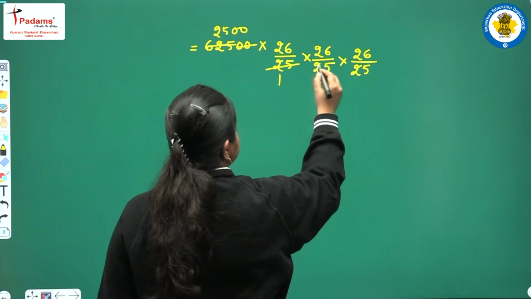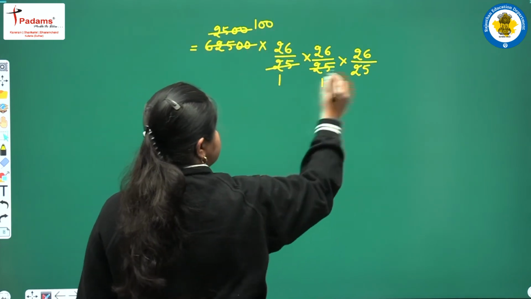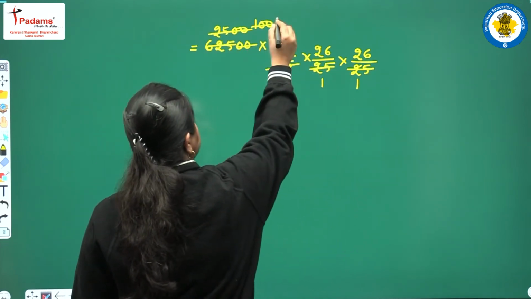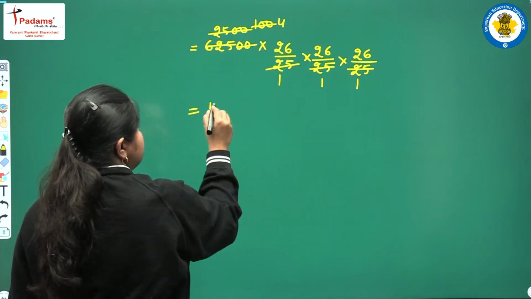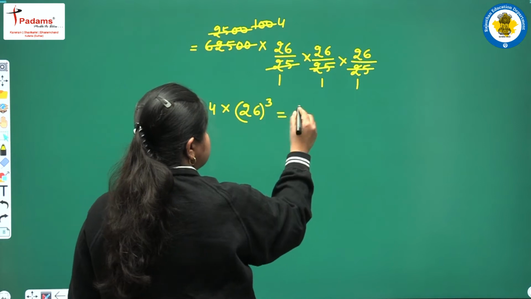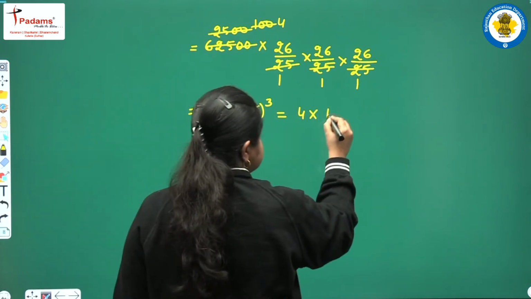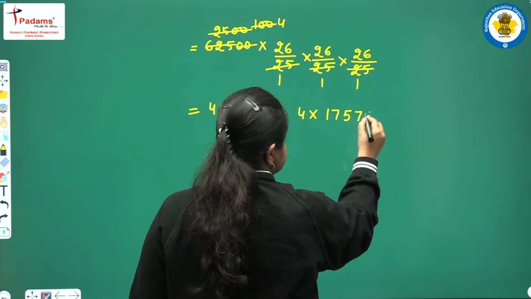Then again 25 ones here 1 time and 2 zeros. Again 25 ones and 4 times 100. So we have 4 into 26 whole cube. If you find the cube of 26, you will find it as 17,576.